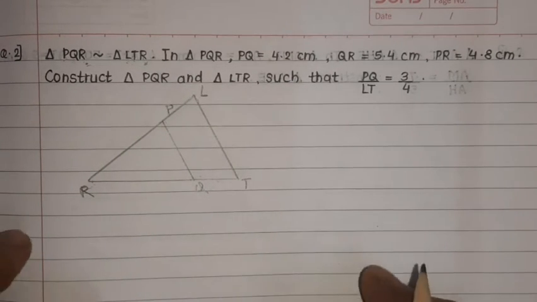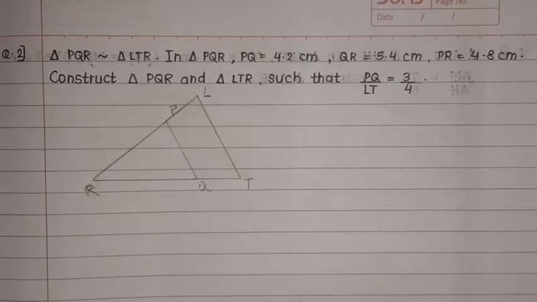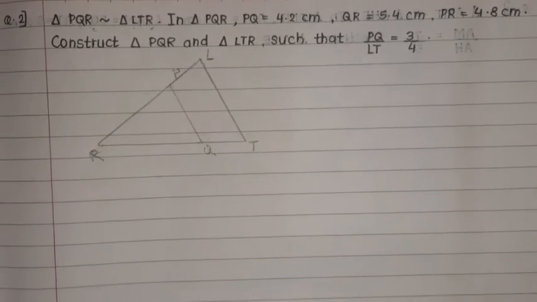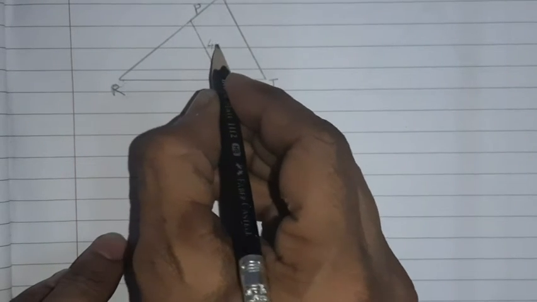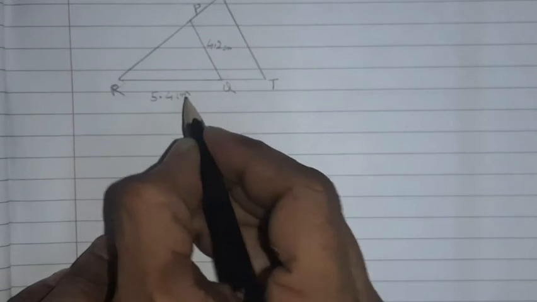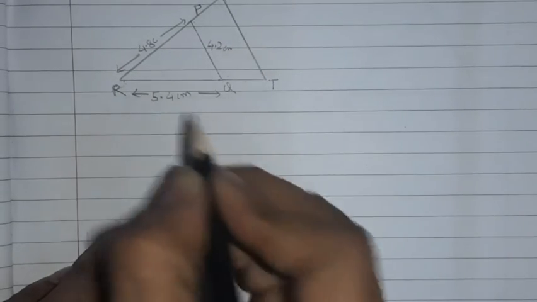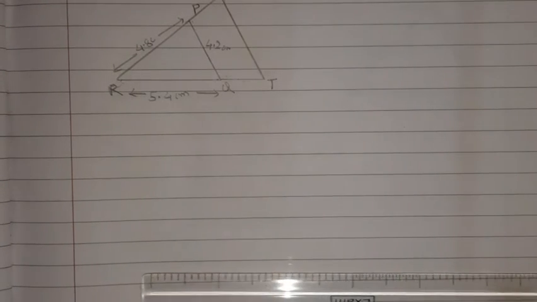Now we have to construct the final figure. For that purpose, first of all, we have to draw QR. Here PQ is 4.2 centimeter, QR is 5.4 centimeter and PR is 4.8 centimeter. This is the analytical figure. Now dear student, we have to do the final figure.